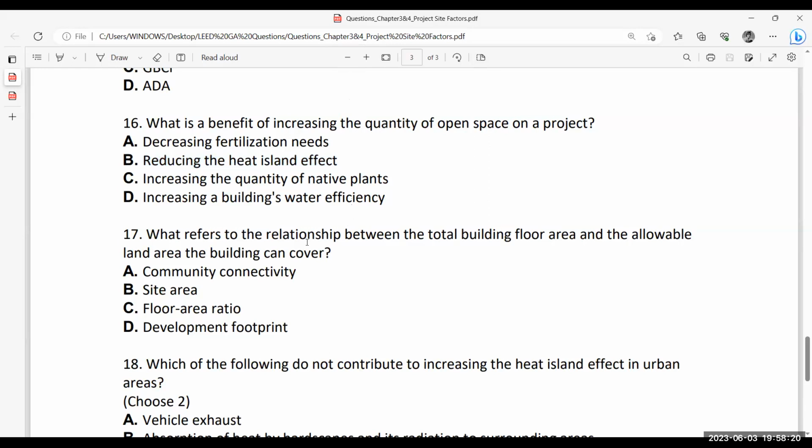Now, question number 17. What refers to the relationship between the total building floor area and land area and the allowable land area the building can cover?